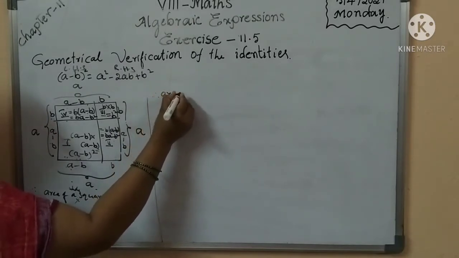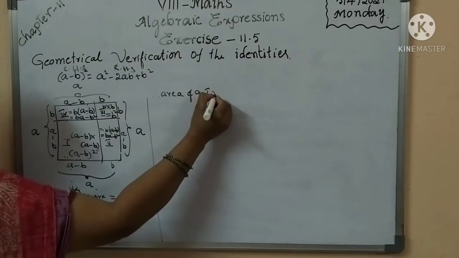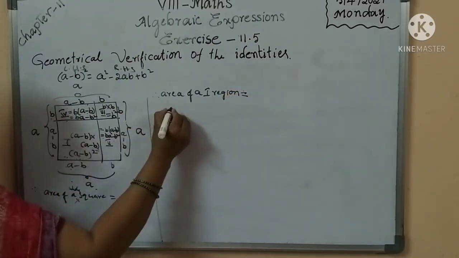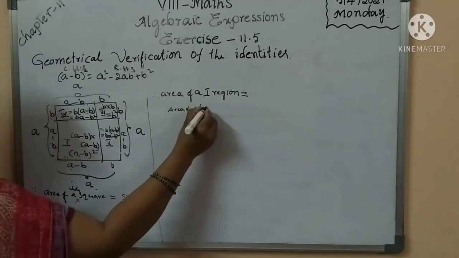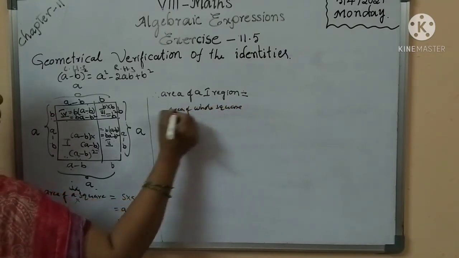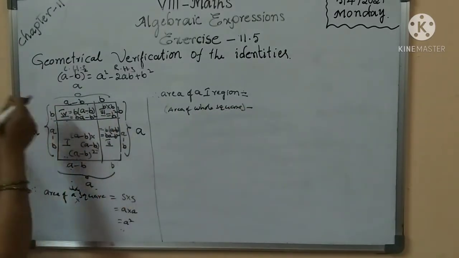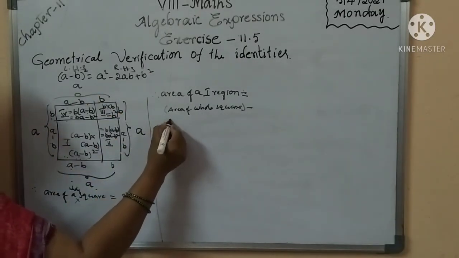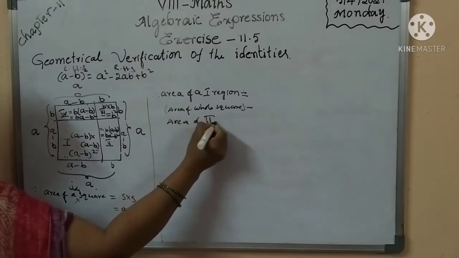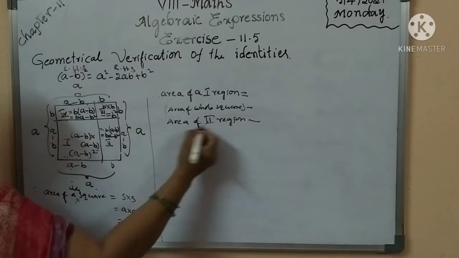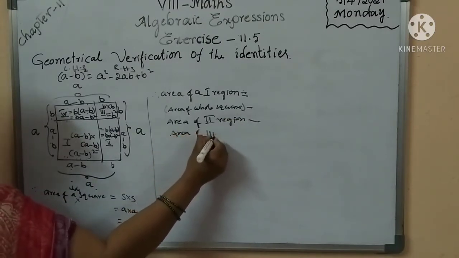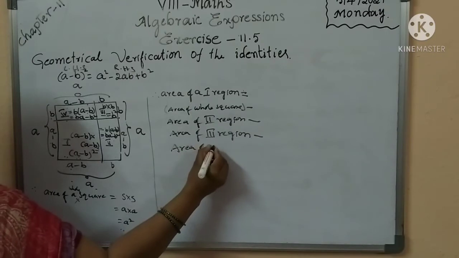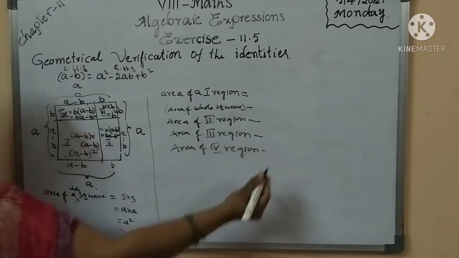So therefore, the area of the first region is equal to the area of the whole square minus all the remaining figures: the area of the second region, minus the area of the third region, minus the area of the fourth region.